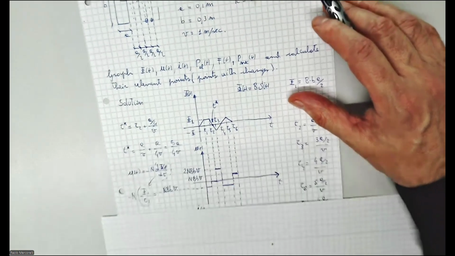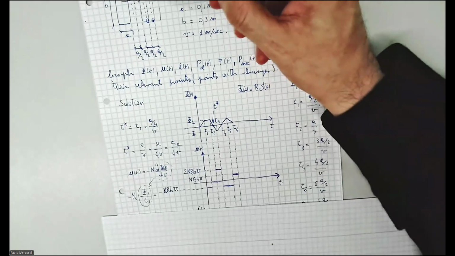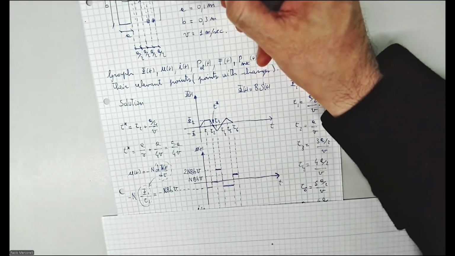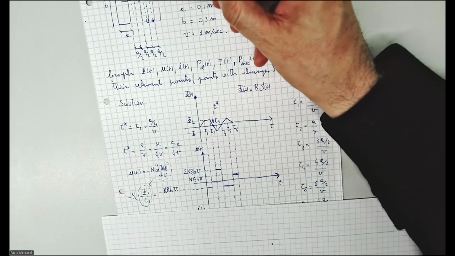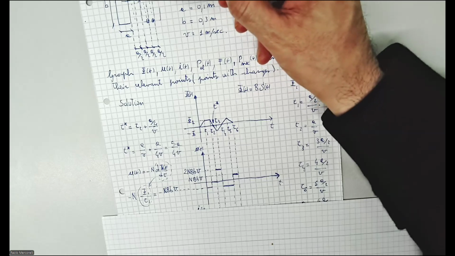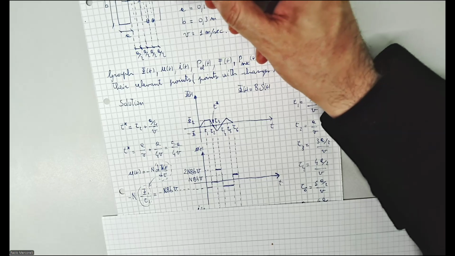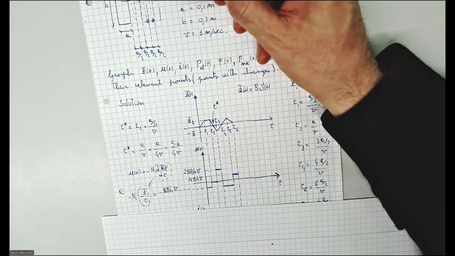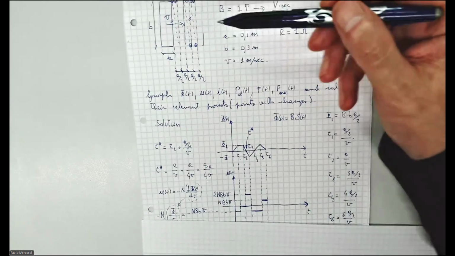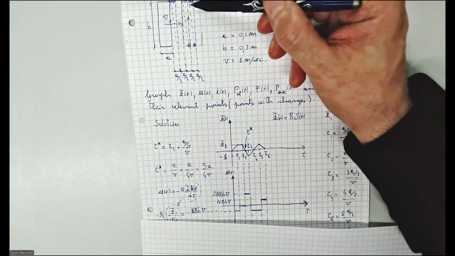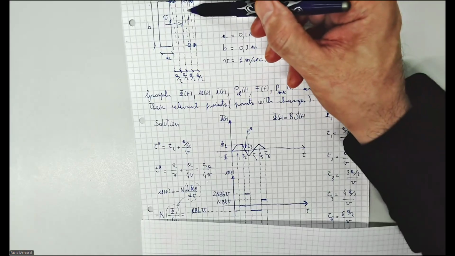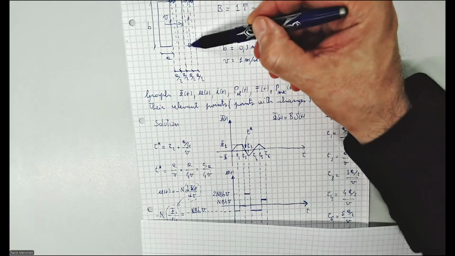Let me see. This is 0. Okay. No. Excuse me. Again, let me. T3 is here.